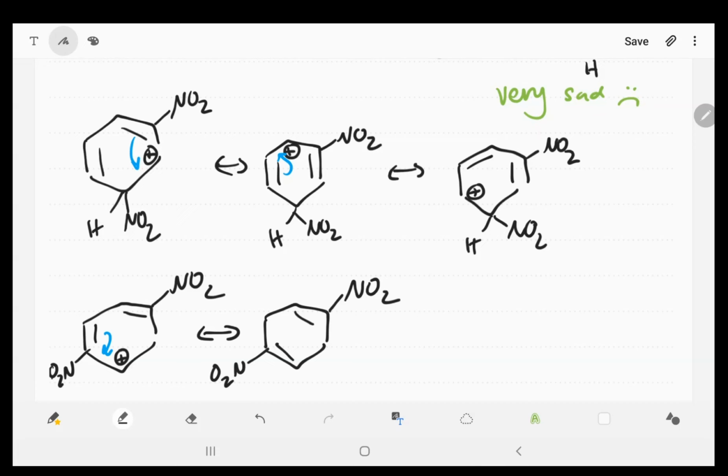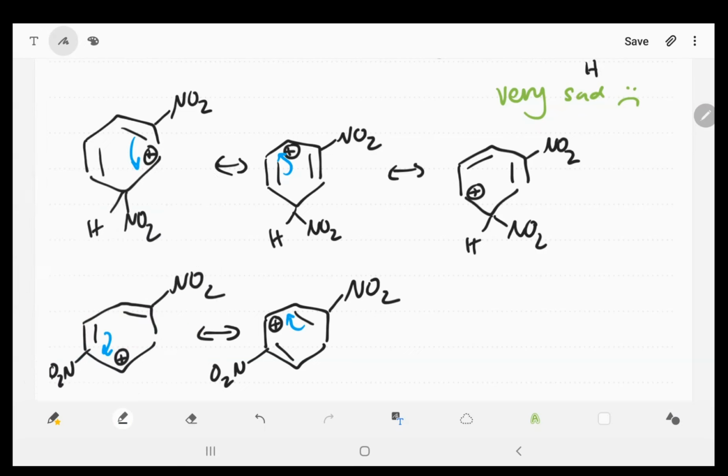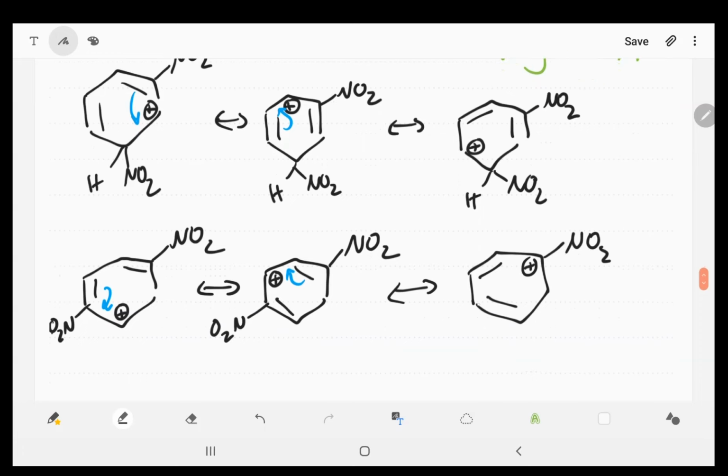Okay, so we have moved our carbocation up, and note when we do this again, if we resonate again, we are going to end up making our very sad carbon that has the positive charge next to the nitro group. Do we all see how this is happening? So, sad things, not good.